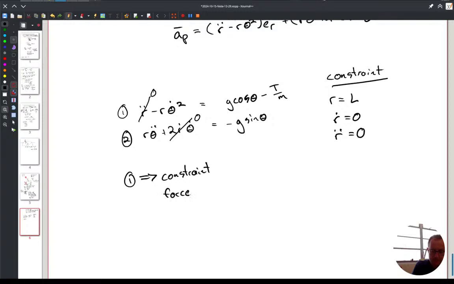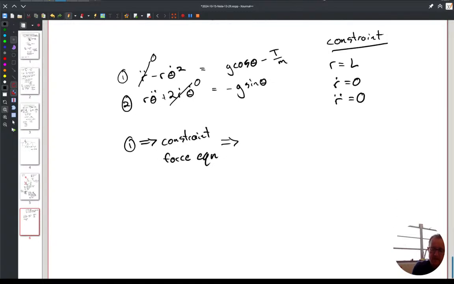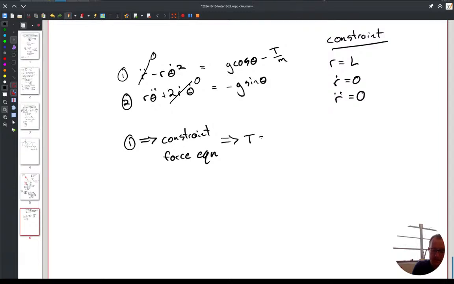force equation. So it's just telling us that T is, I guess I should put an M in there, right? mg cosine theta plus mr theta dot squared. So I need to know what the balloon is doing in order to describe tension.